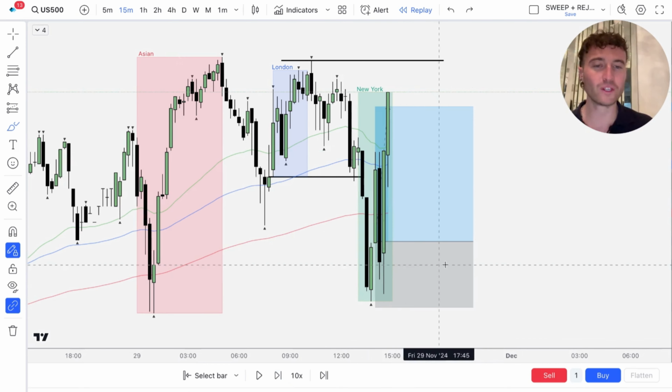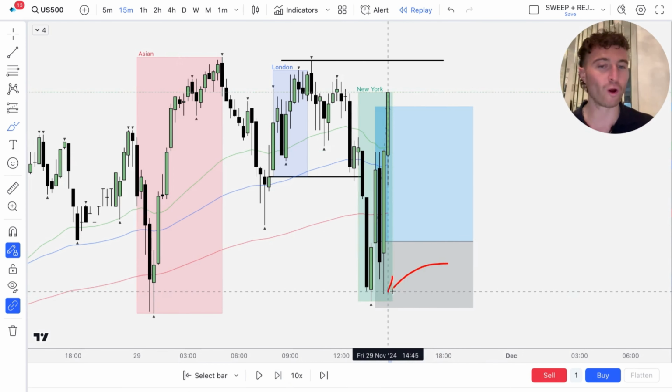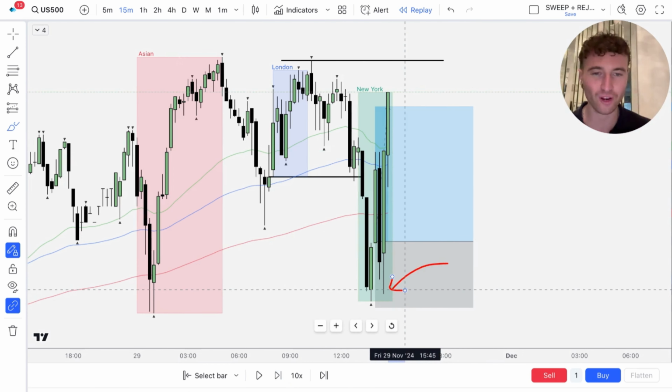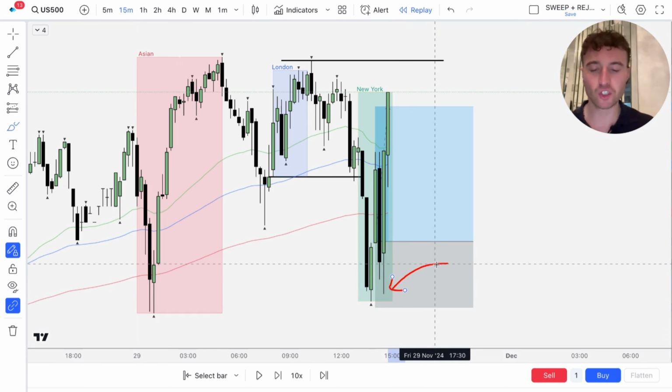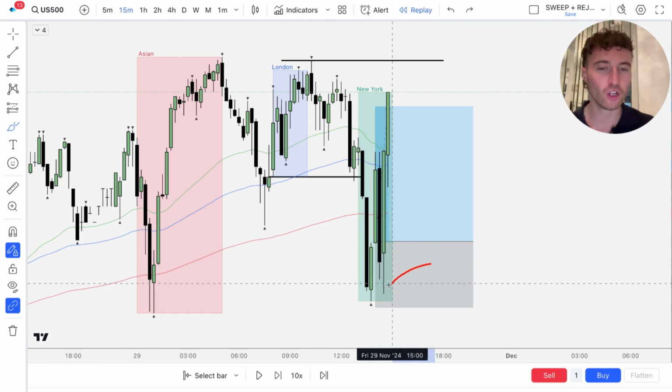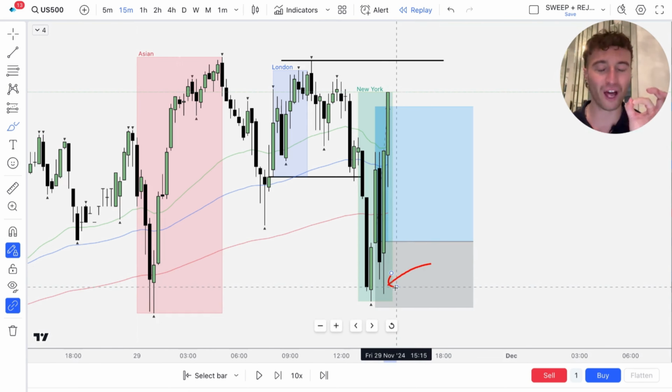You can see we suffered a little bit of drawdown right here, but that is the reality of trading. Not all trades are just going to fly to your take profit. Some people may have been a little bit emotional when seeing this drawdown, but that is normal. That is part of these mechanical strategies.